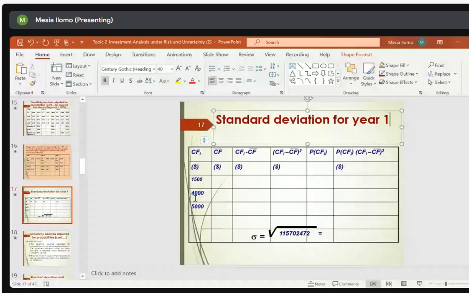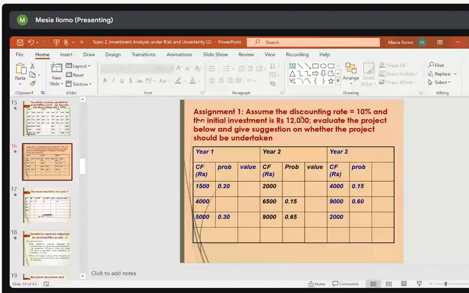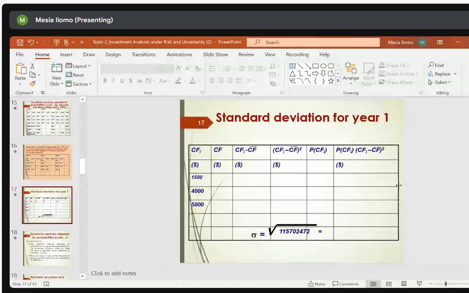These cash flows are for year one. Then you do that for year two and year three, because with our project we have year one, year two, year three. So we will do that for the 3 years. The aggregate standard deviation is what we will compute in the next session.